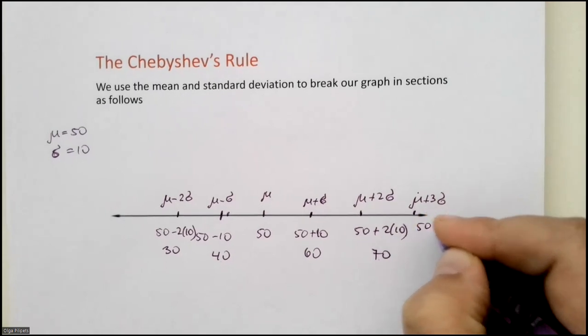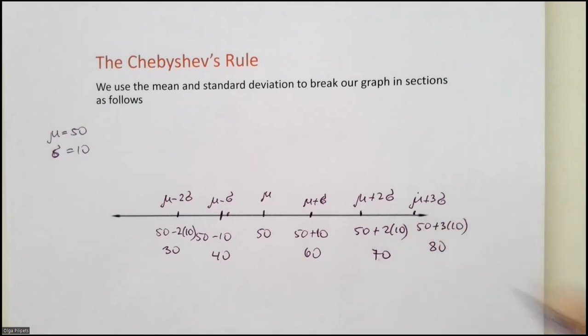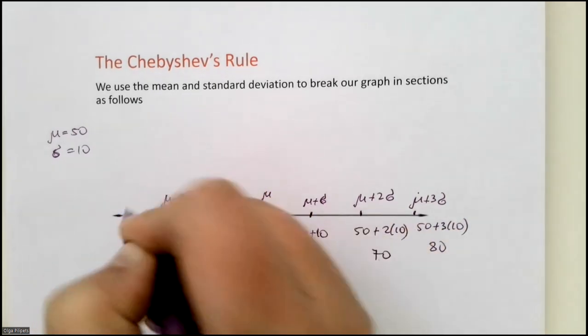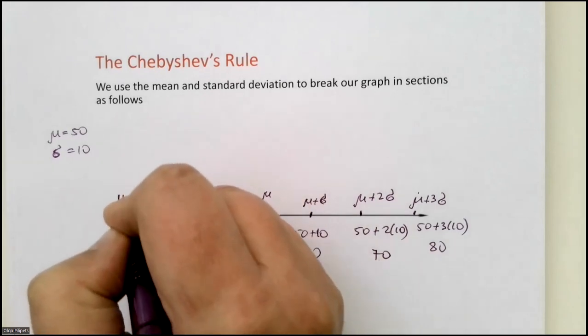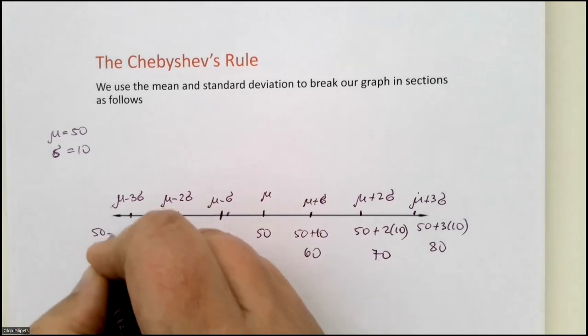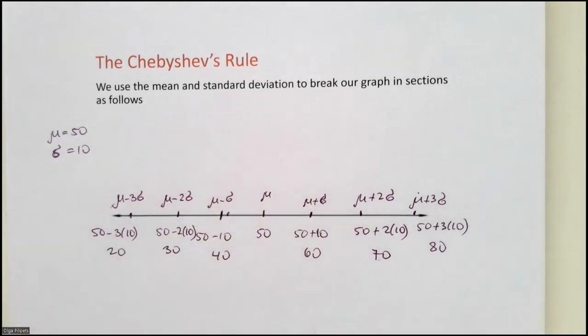That's going to be 50 plus 3 times 10, so that gives me 80. And one more step to the left will give me 50 minus 3 times 10, or 20. So we can divide our number line like that.